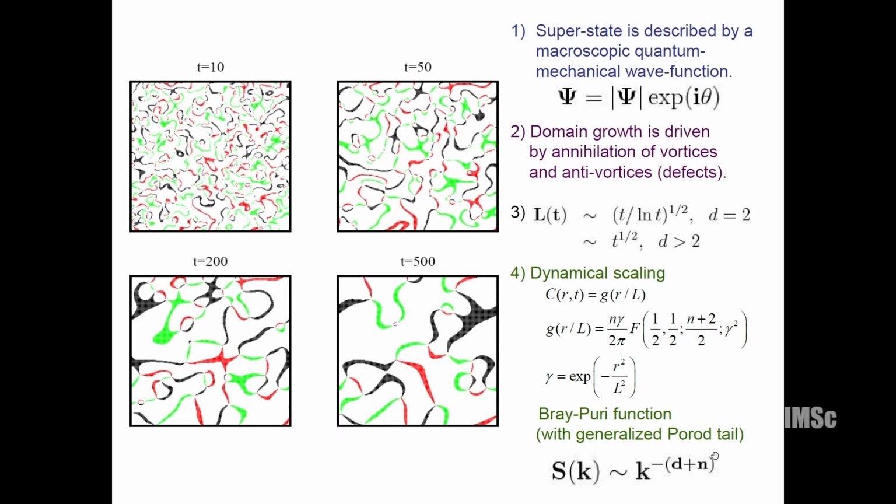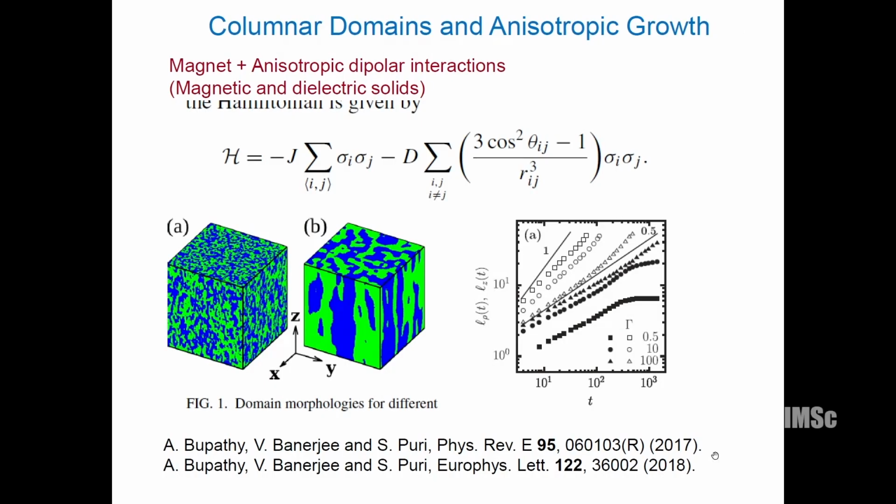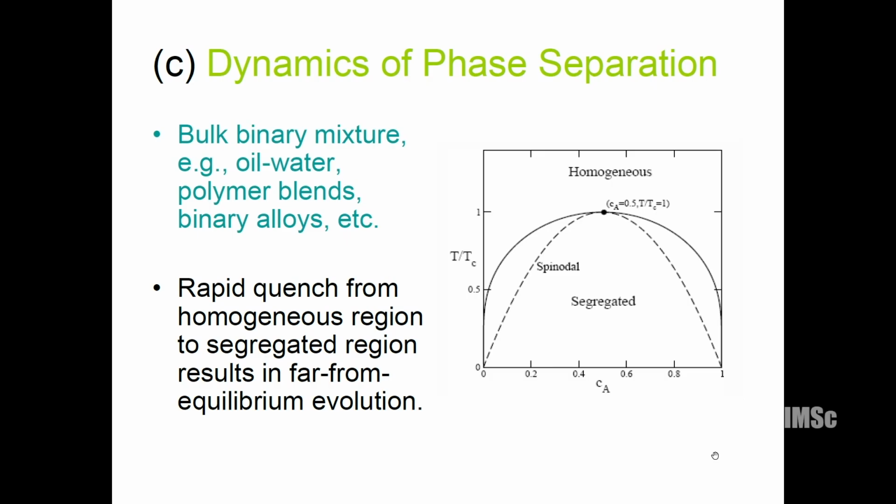Or you can think of it as an electroweak theory with the Higgs boson giving mass to its partner particles. It's exactly the same symmetry breaking process which defines the kinetics of that also. Okay, so that's what I wanted to say about non-conserved dynamics.